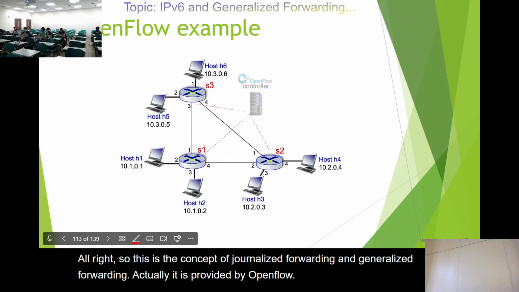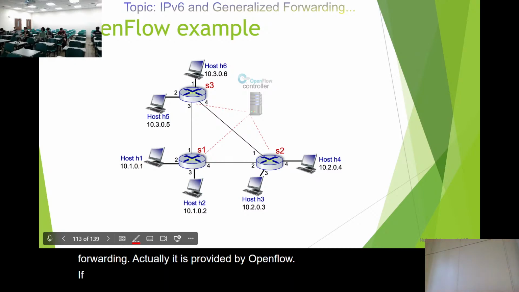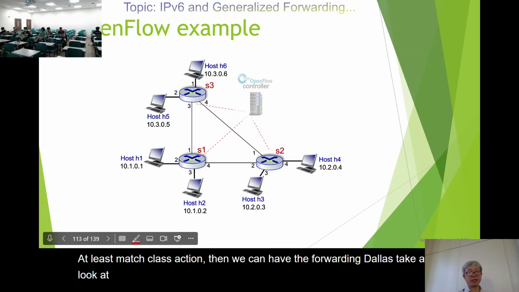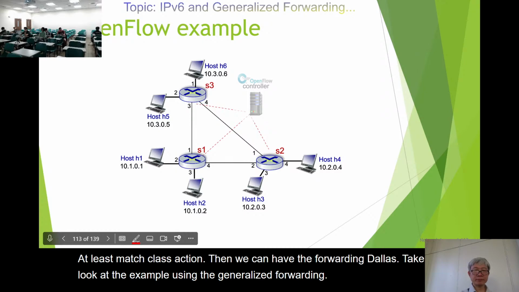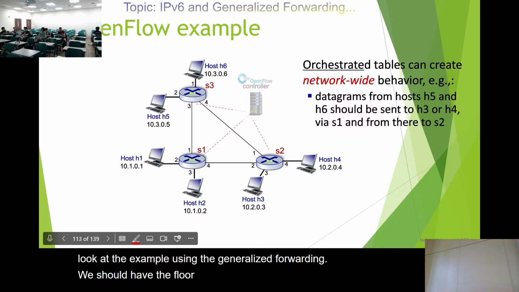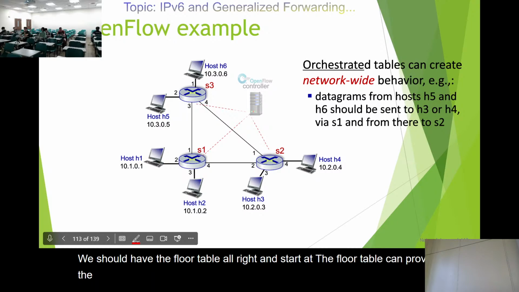Well, if so, even with OpenFlow, at least with match plus action, we can have the forwarding. Let us take a look at an example using generalized forwarding. We should have the flow table, so that the flow table can provide the service for us. And right now we want to do this.